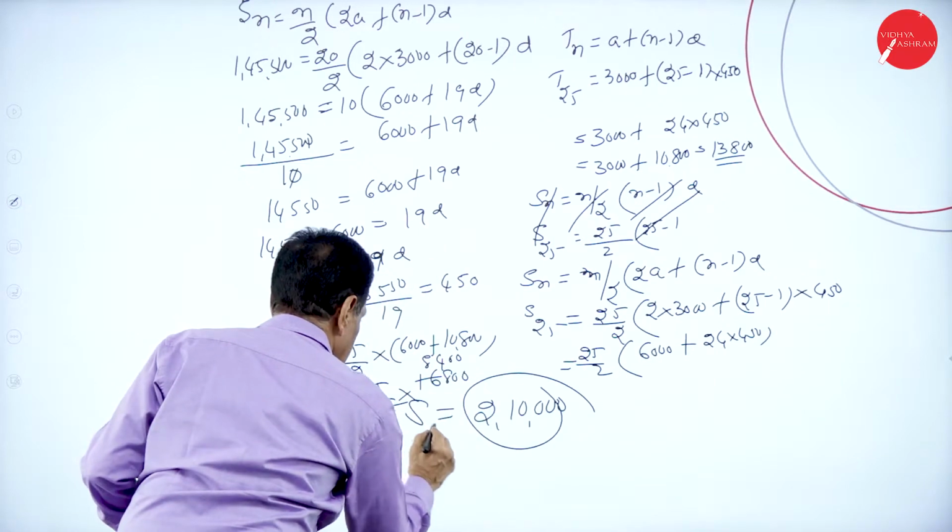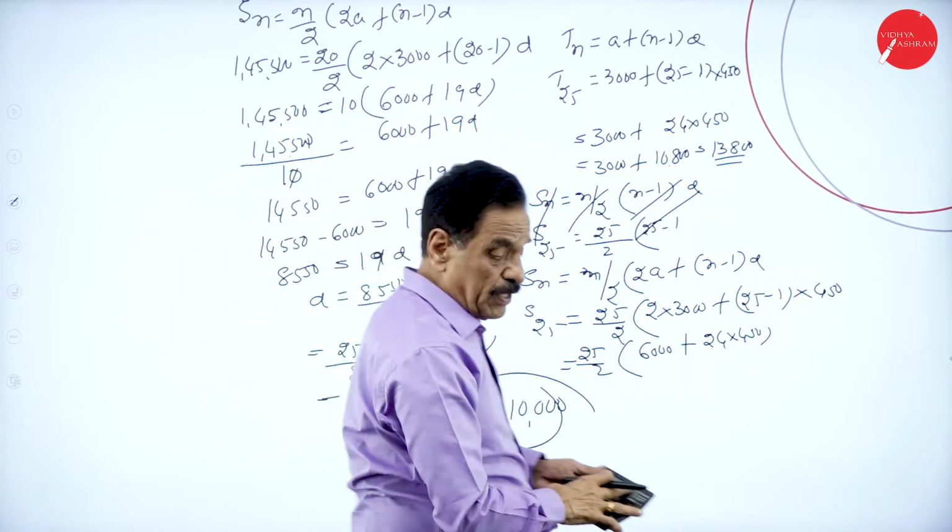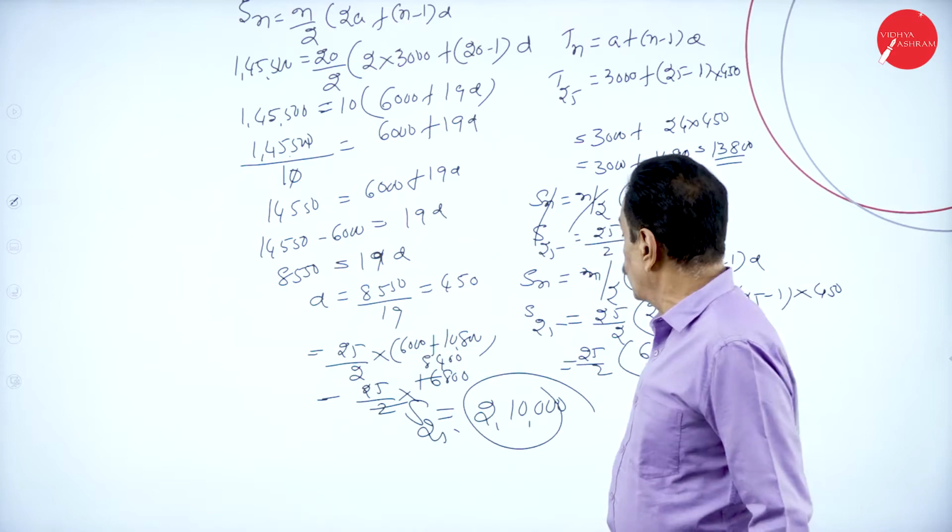This is S25. Summation of 25 years is 2,10,000.